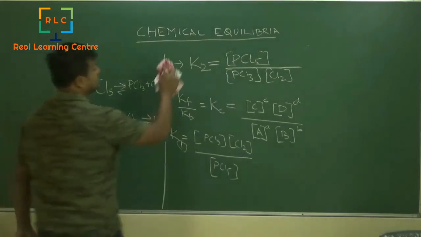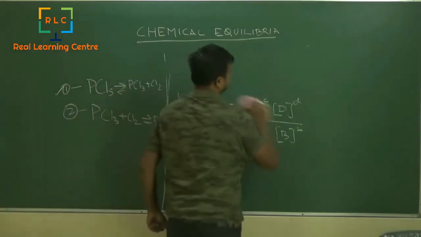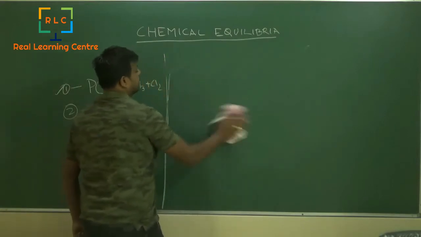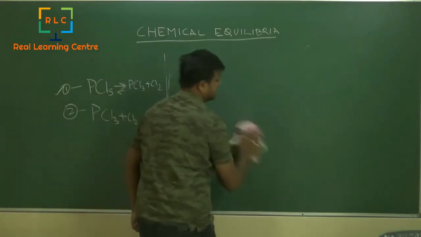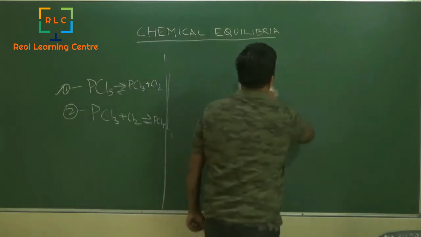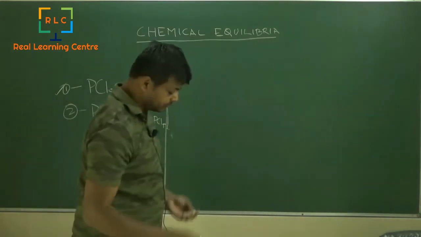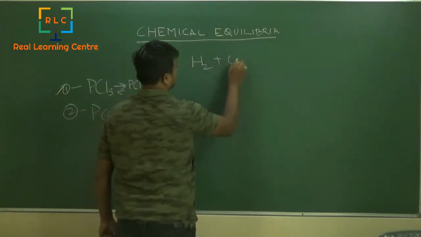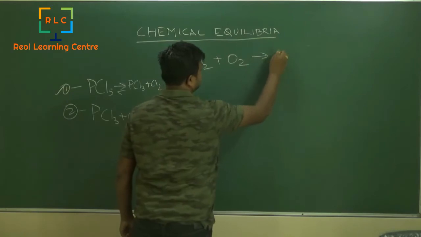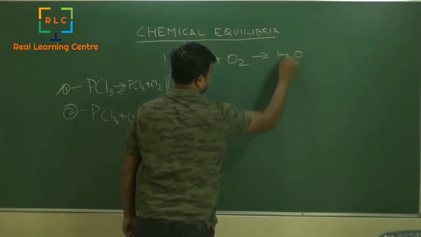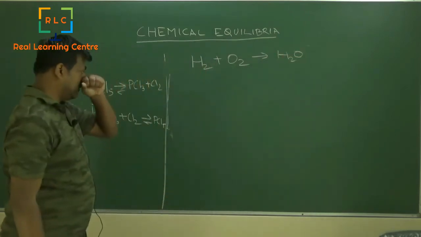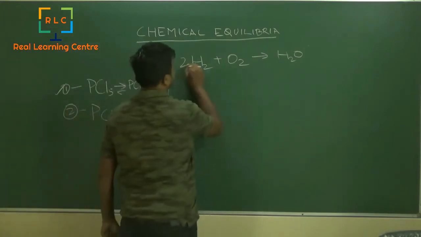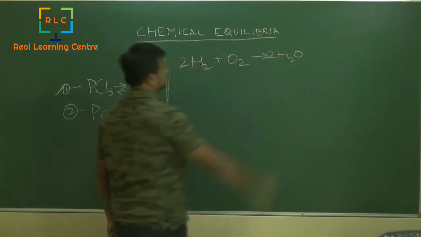For example, in certain reactions, let's take the example of water being formed from hydrogen and oxygen. Okay. So you have your reaction as H2 plus O2 gives H2O. If I have to balance this reaction, I'll have to write 2H2 here and 2H2O here.